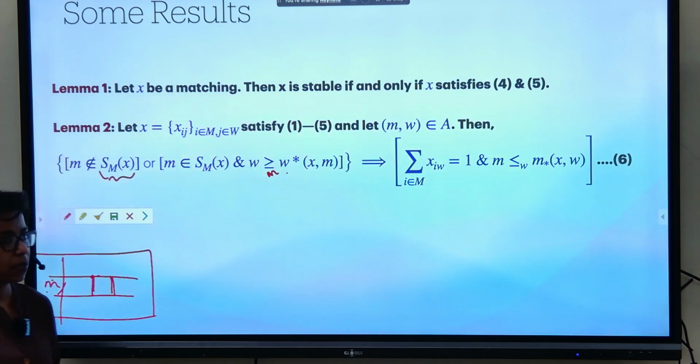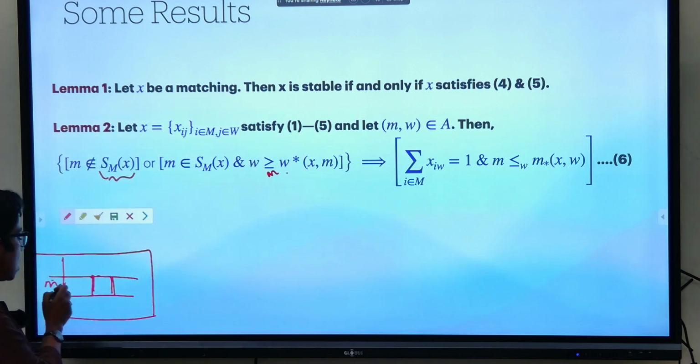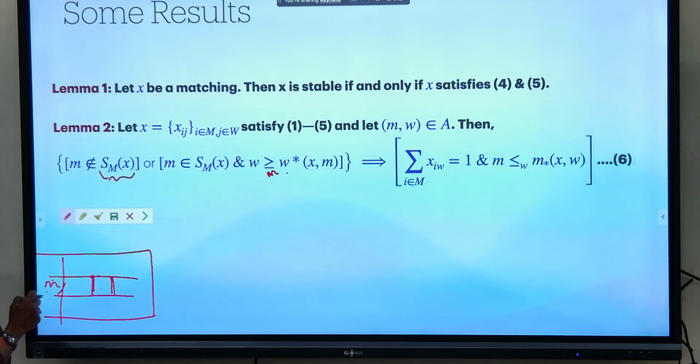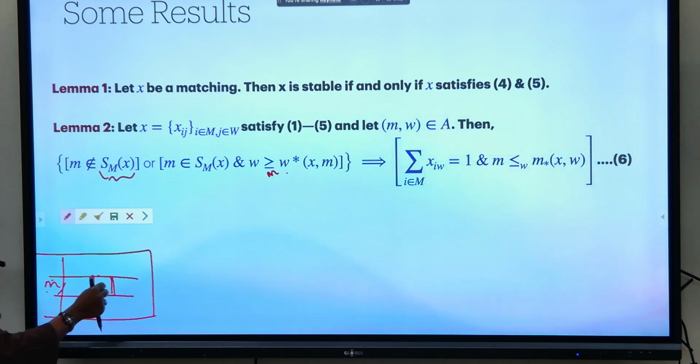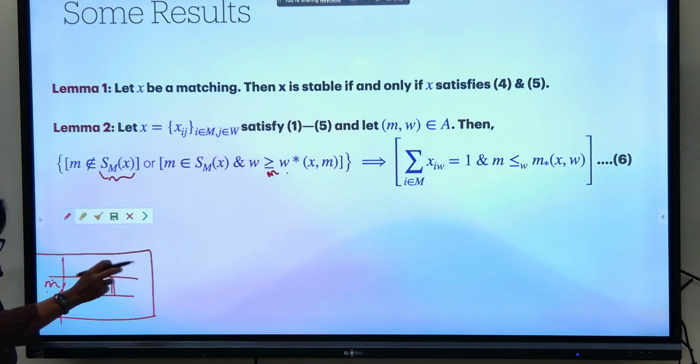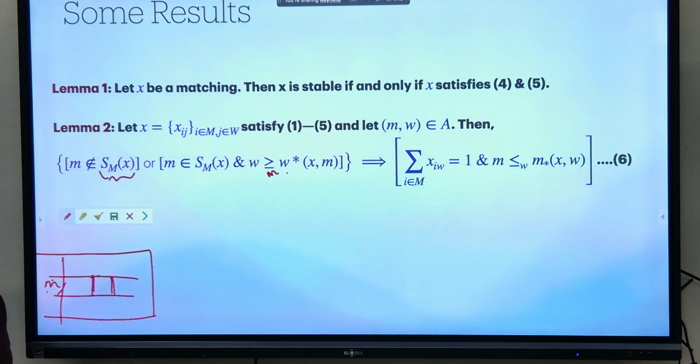What is SMX? SMX are the entries in the mth row which actually have a non-zero entry, meaning these are the women with whom M is matched. Non-zero means one only. In this case, we can think in terms of fractional also. It still would make sense. But okay, we can think in terms of integer values for now.